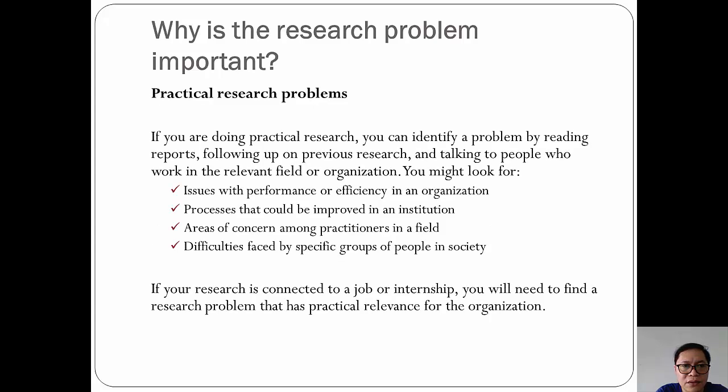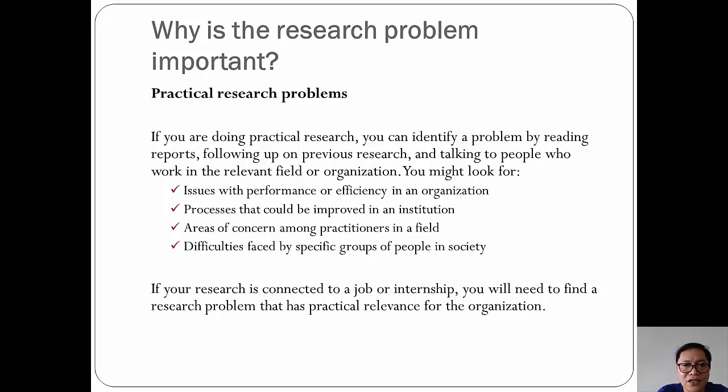Practical research problem. If you are doing practical research, you can identify a problem by reading reports, following up on previous research, and talking to people who work in the relevant field or organization.